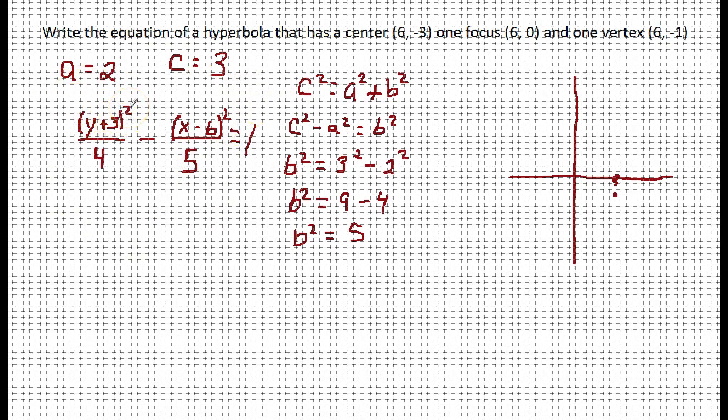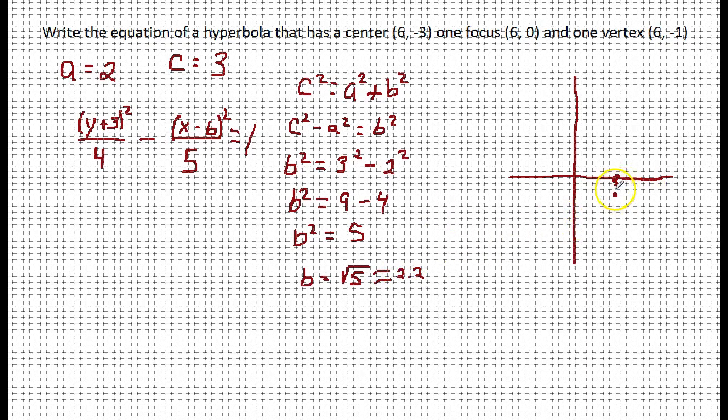Now, if I had to go on to draw the graph, let's just draw it because it will help a little bit. b would equal the square root of 5, let me get my calculator out, which is approximately 2.2 units.